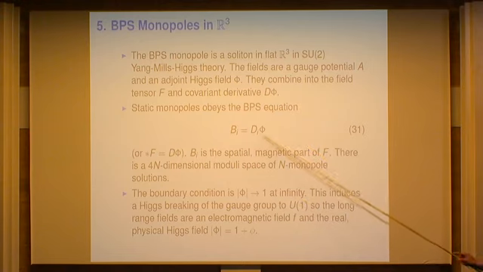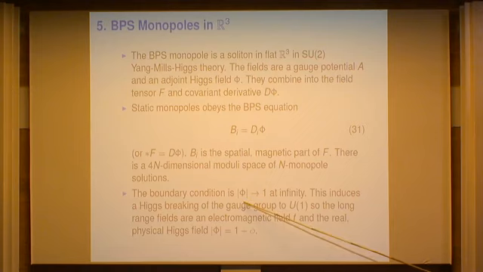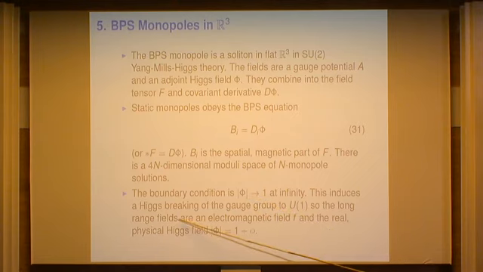The moduli space means solutions of this up to gauge transformations, and there's a boundary condition: the magnitude of phi has to go to 1 at infinity. That sets a length scale and a mass scale. From a physics point of view, this condition induces the Higgs mechanism.